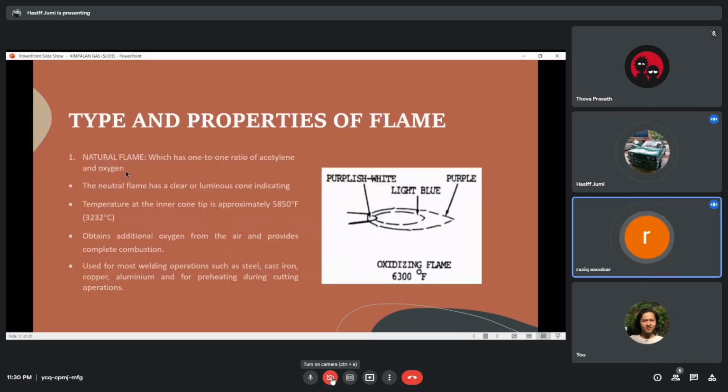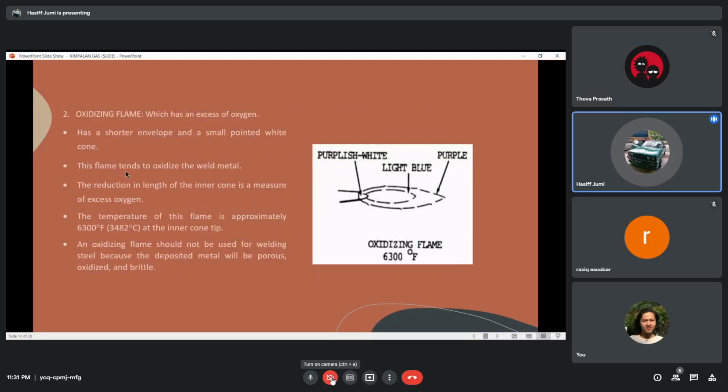Next one I will give to my friend Hasiff. Okay, now we move to types and properties of flame. There are three types. The first one is neutral flame, which has a 1:1 ratio of acetylene and oxygen. This is the diagram of the first one, neutral flame. We move to the next one. This is the oxidizing flame, which has an excess of oxygen.